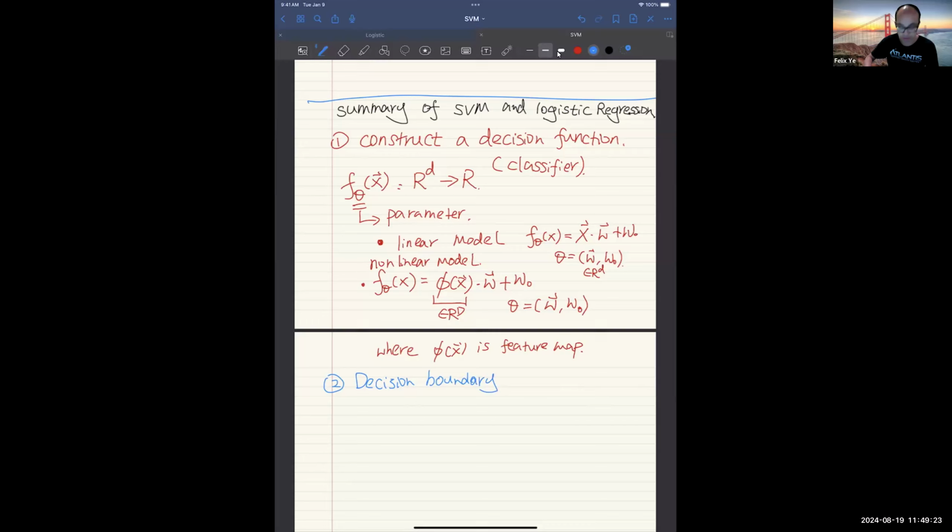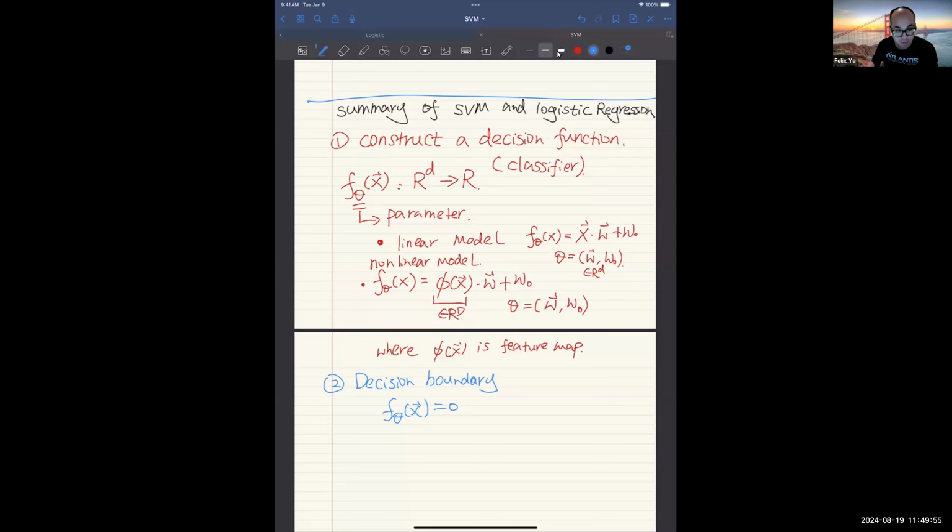So what is the decision boundary? It is where my decision function equals 0. That means it basically separates the binary classification into two parts, one will be +1, one will be -1. In one direction that will be +1, and in the other direction that will be -1.